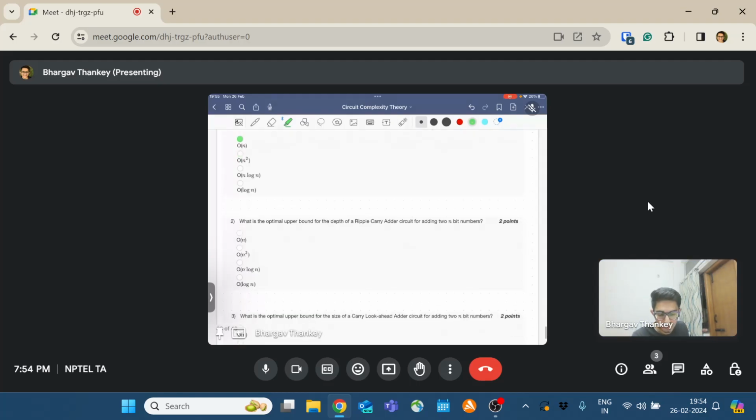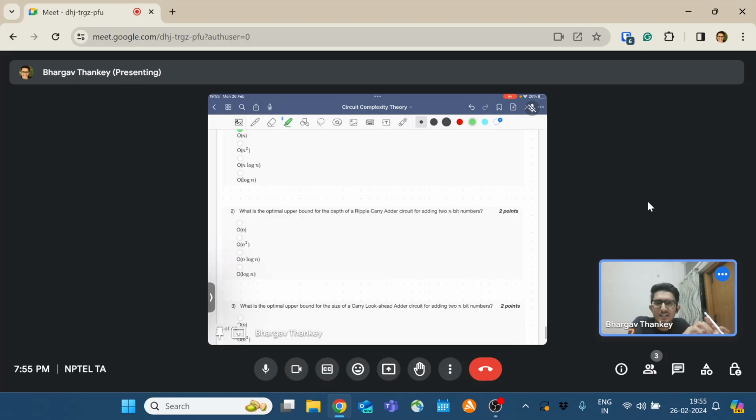So what is the optimal upper bound of the depth of the ripple carry adder? Order n square, order n log n, or order log n? Order n square. Wait, is it order n square or order n? The depth. So what were we doing over there?